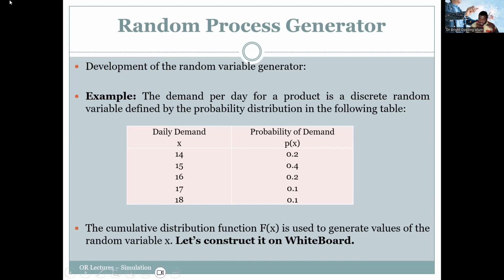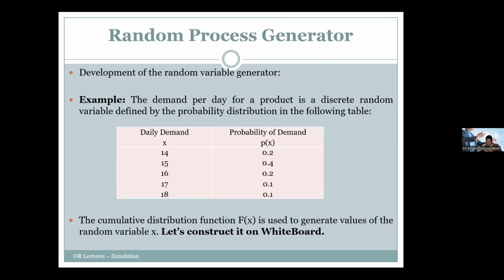So let's construct this. Let's look at these examples in our whiteboard. So let's switch to the whiteboard and let's see how we can generate some random numbers. Okay, so on this whiteboard here, we can look at how we can use a random process generator to be able to determine the daily demands, right?